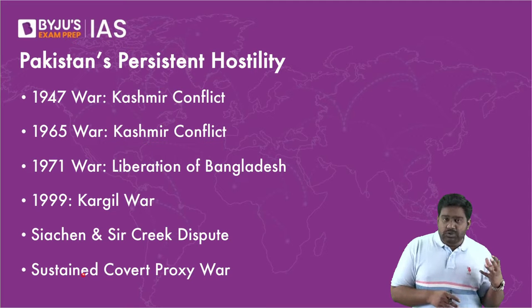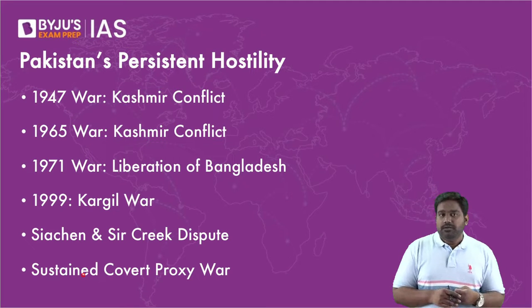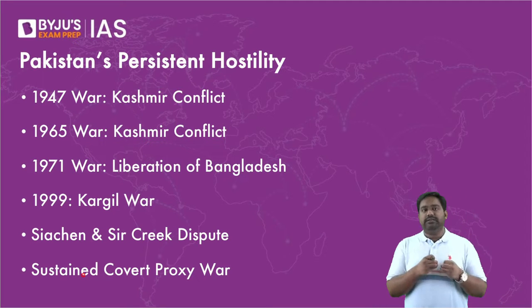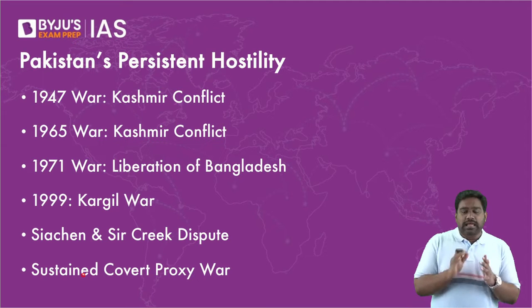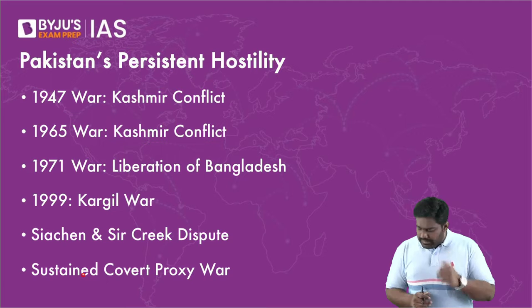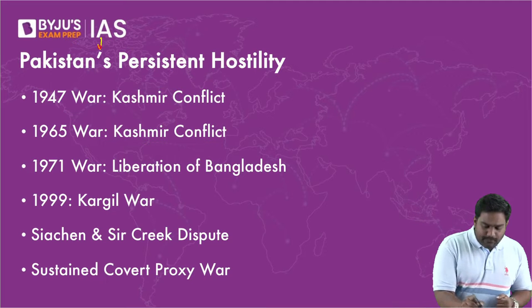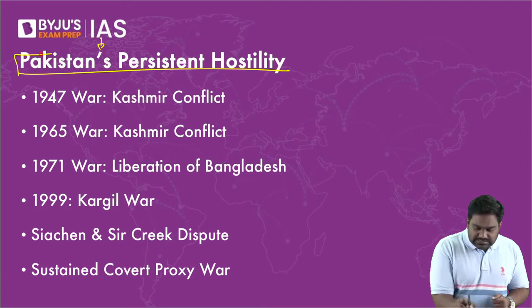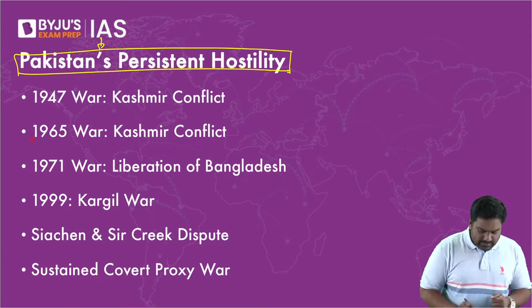There could be questions on the internal situation in Pakistan. So having this basic idea, at least at the basic level, will help you write good answers for these questions. All right. Now, let's look at how Pakistan has been hostile towards India consistently.